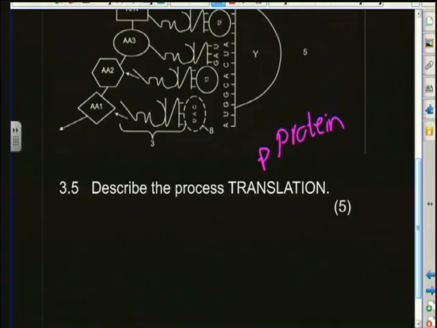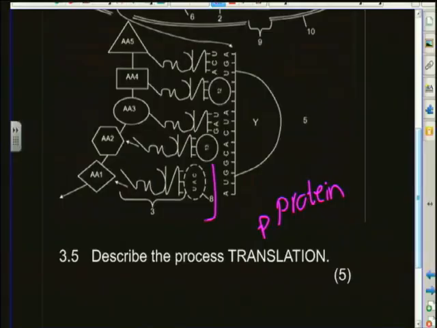Now, when you describe the process, it is important that you put the whole process in order, right? Look at the diagram they've given you, and try and tell a story from what you see. So how does translation go? If I were to tell the story, translation starts with this.